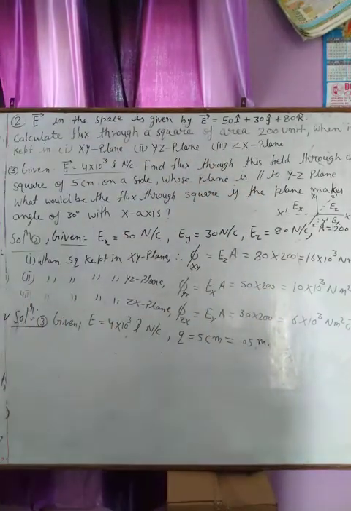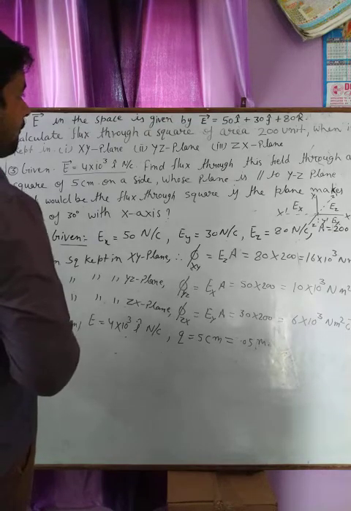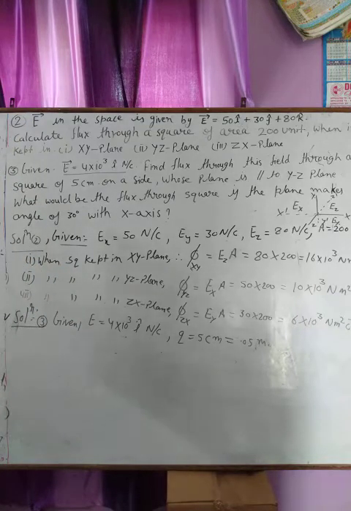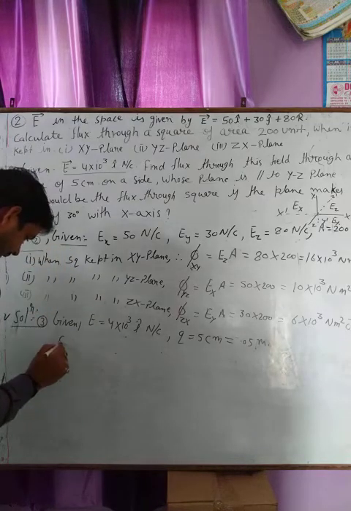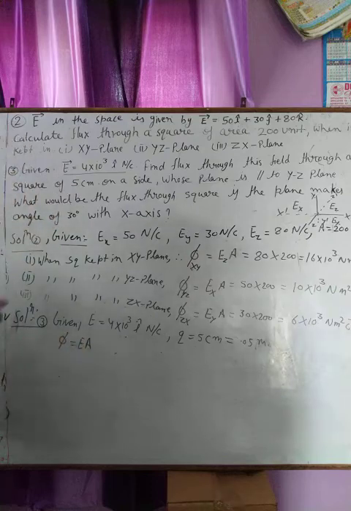Okay, student. Now we need to calculate the flux, and the formula for flux is phi equal to E A cos theta.